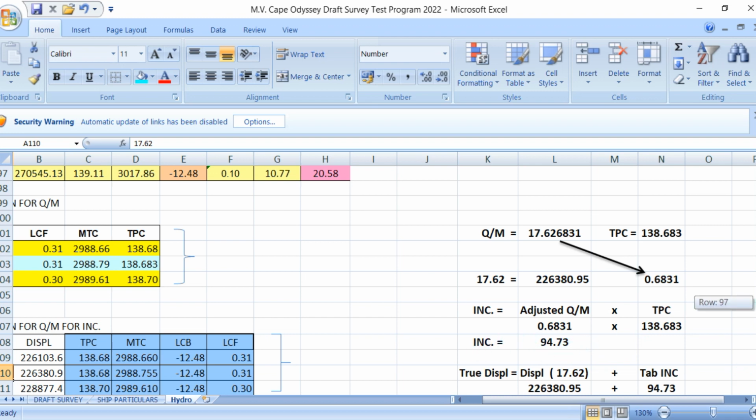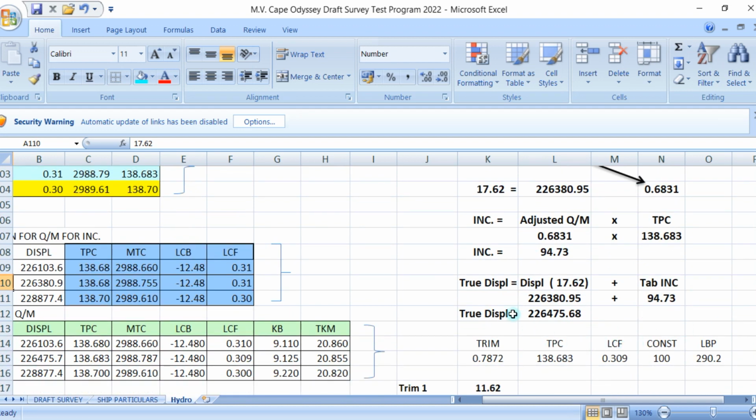Okay. Now, since the displacement of 17.62 is 226380.95, this is this one, you add now the tabulated increments, which is 94.73, and the value of true displacement will be 226475.68, which is the same.